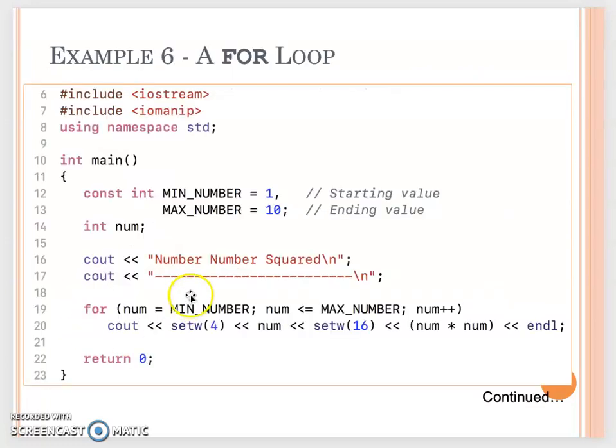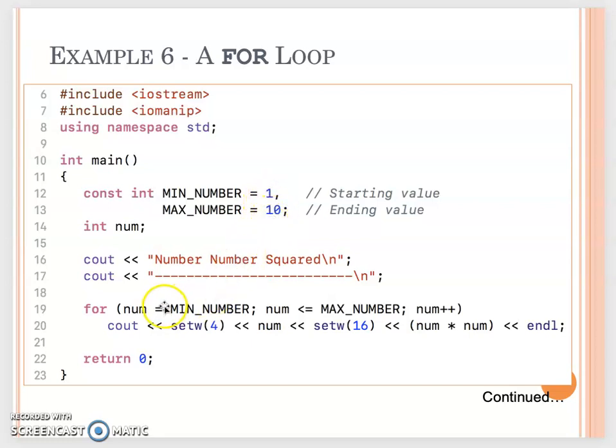Then you have another example you need to see. This one is the same thing, using a for loop, but this time we print the number and its square. We used this for the while loop before too. Now we just want to print numbers from 1 to 10.